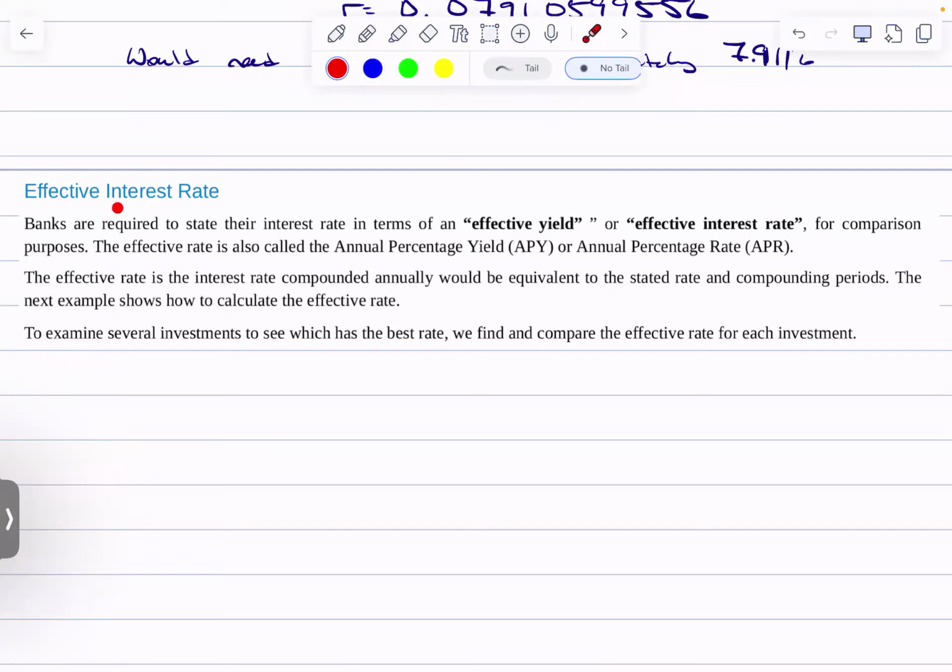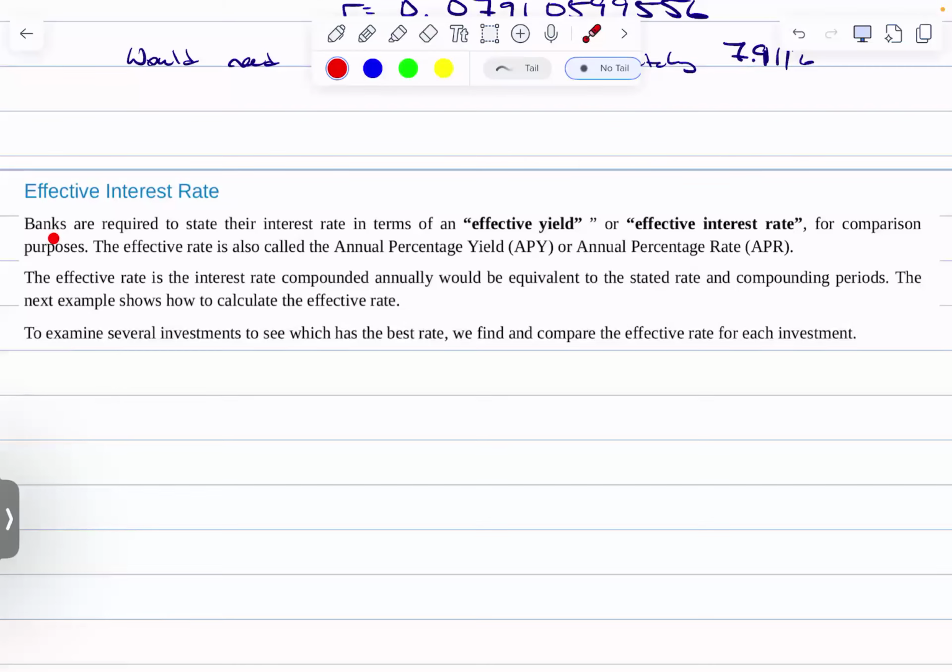The effective interest rate is kind of a special interest rate that allows us to compare interest rates, right? Because 4% compounded annually is going to be different from 4% compounded daily, for example, and so it'll behave slightly differently.